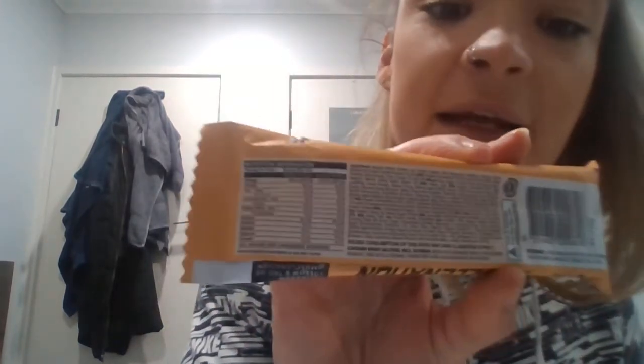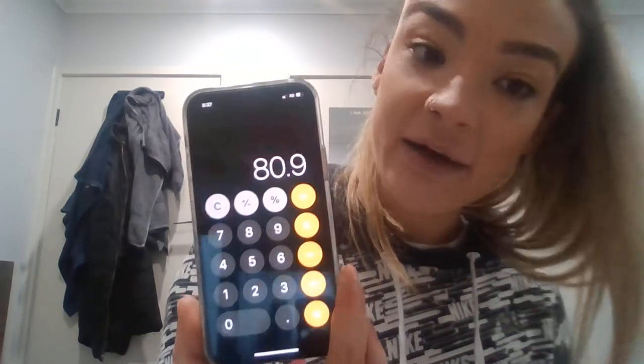I'm not sure if you're going to be able to see this, but as I said, the protein bar is 211 calories. So 211 calories minus the actual 130.1 that it's telling you from the macronutrient split leaves an uncounted amount of 80.9 calories.